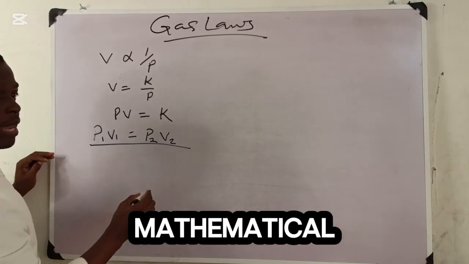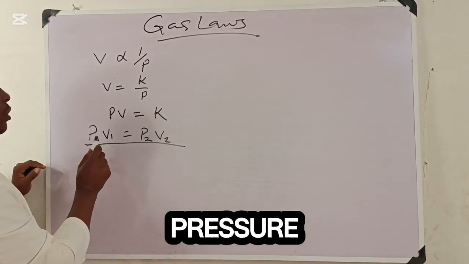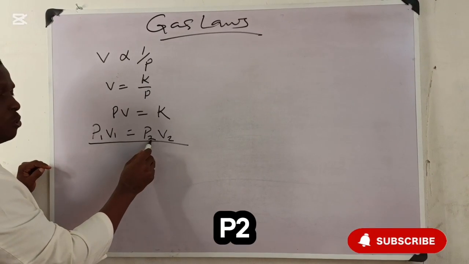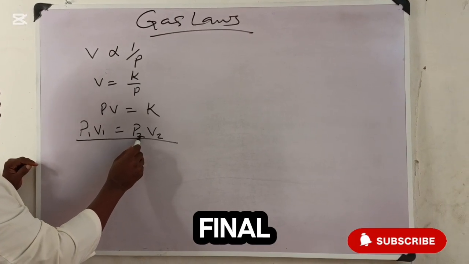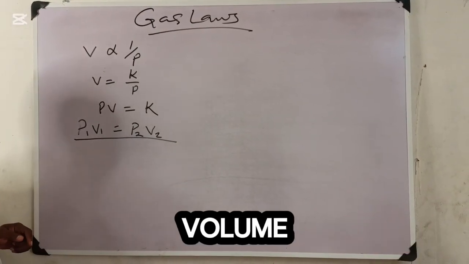In this expression, P1 stands for the initial pressure, and V1 is the initial volume. P2 stands for the final pressure, and V2 stands for the final volume.